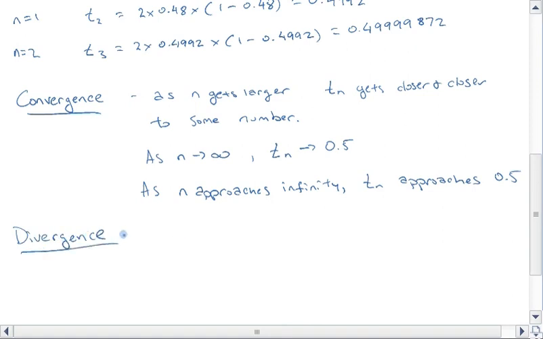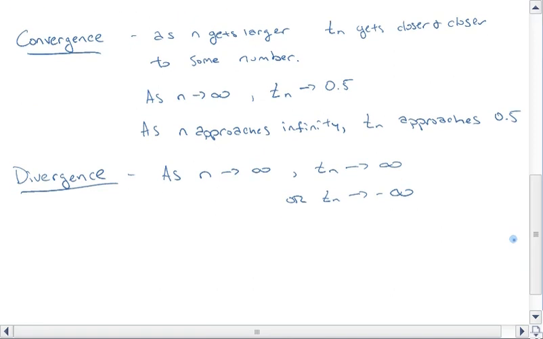So a divergent series means as n gets larger and larger, so as n approaches infinity, Tn, so our sequence, either also gets larger and larger, or Tn approaches negative infinity, right? So it keeps getting smaller and smaller. So that's what we mean by divergence.